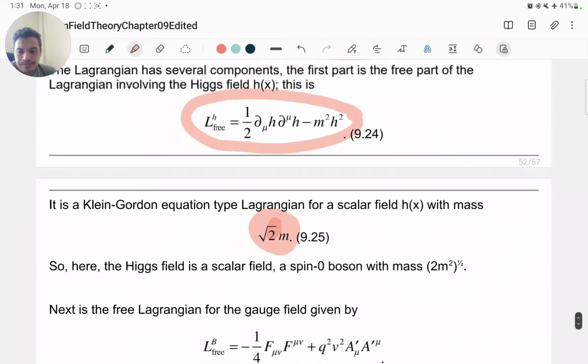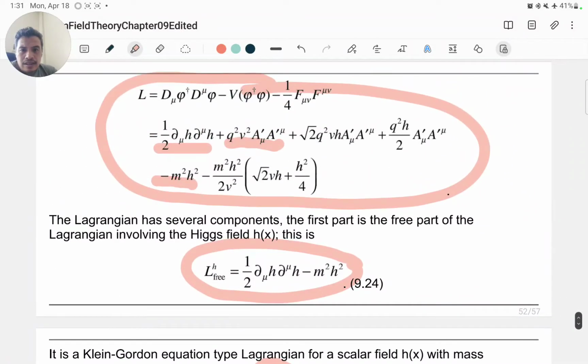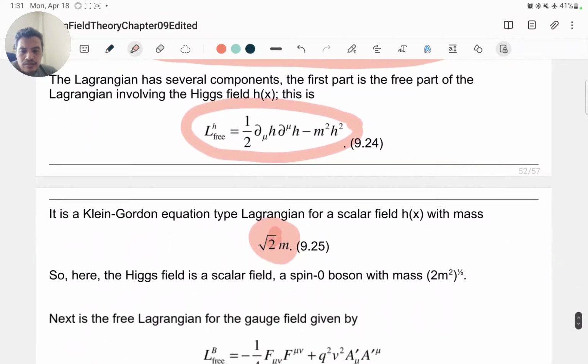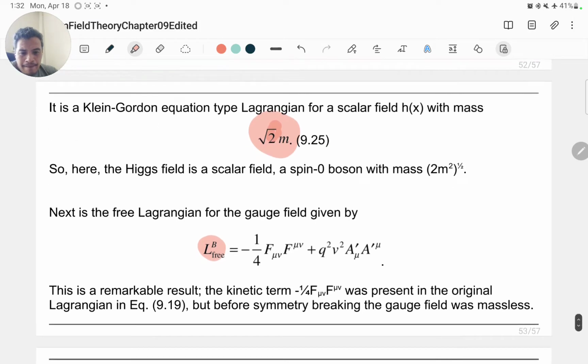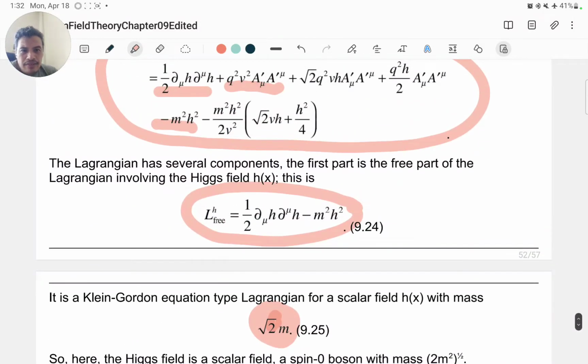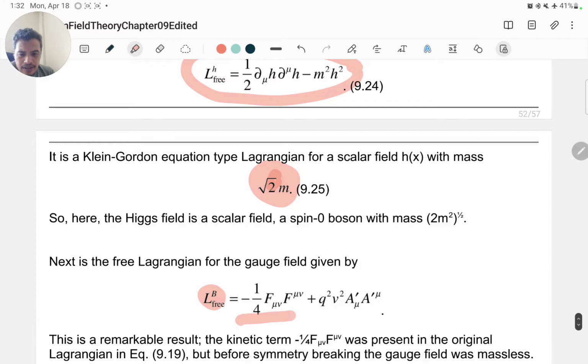And for the free Lagrangian of the gauge field, we call them B here for bosons, and it will give you these terms, and of course the additional term q square, nu square, A nu, A mu.